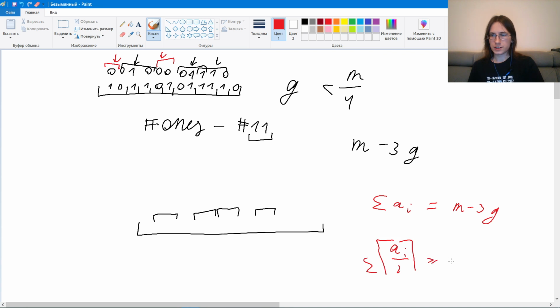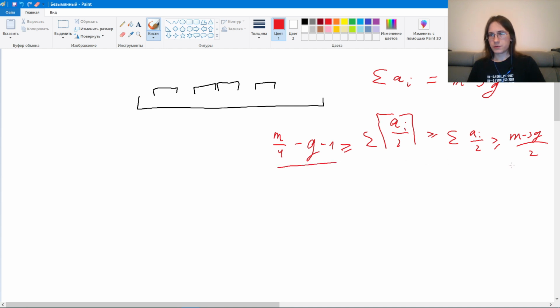which is at least ai/2, which is at least (m minus 3g)/2. We have to pick m/4 minus g more free positions. Suppose we didn't succeed and this is less than m/4 minus g. As it is an integer, I can write less than or equal to m/4 minus g minus 1.